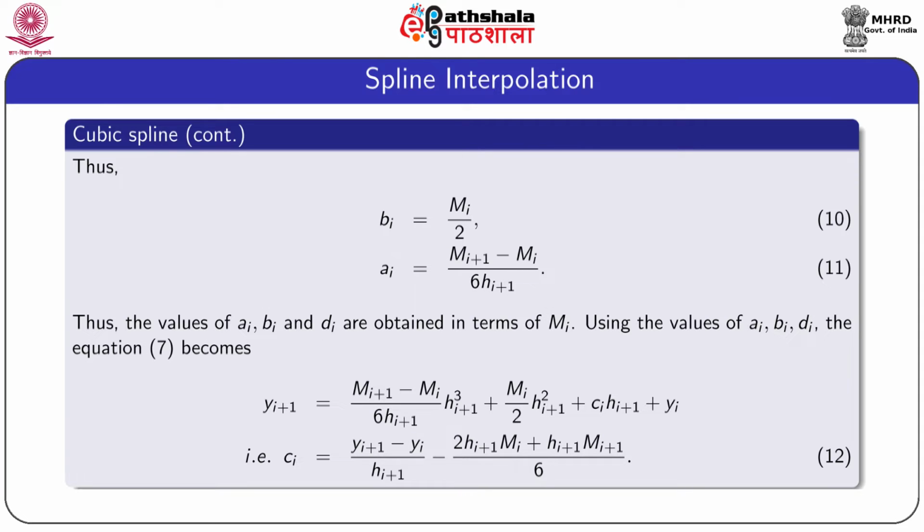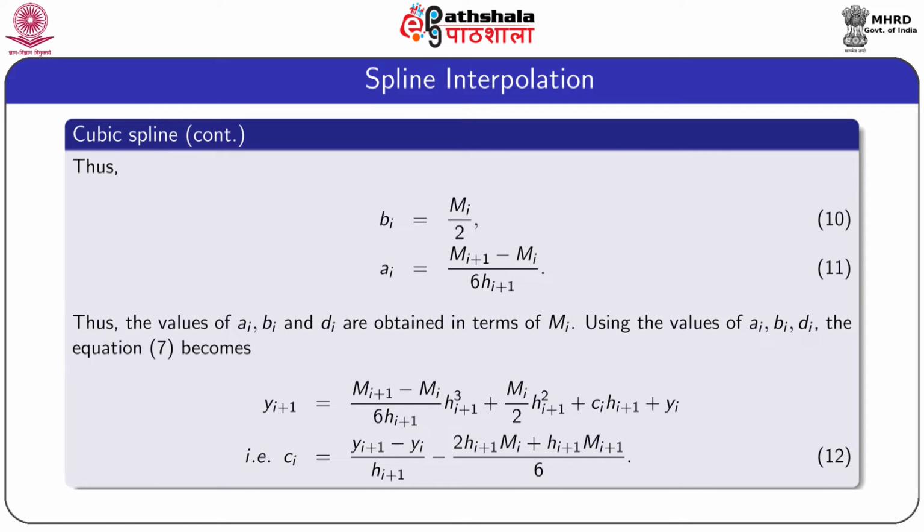So, up to this portion we obtain the values of a_i, b_i and d_i in terms of M_i, but the M_i are not known quantities; these are nothing but the second order derivatives of phi(x) or y(x). Using the values of a_i, b_i and d_i, equation 7 mentioned in the previous slide becomes y_{i+1} = ((M_{i+1} - M_i)/(6 h_{i+1})) h_{i+1}^3 + (M_i/2) h_{i+1}^2 + c_i h_{i+1} + y_i.